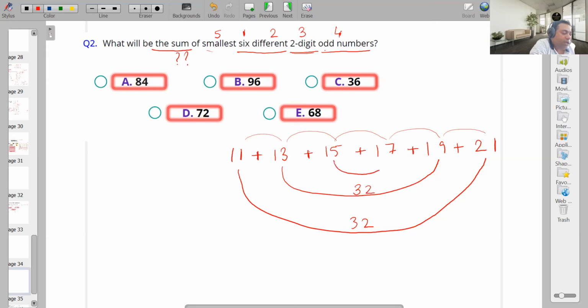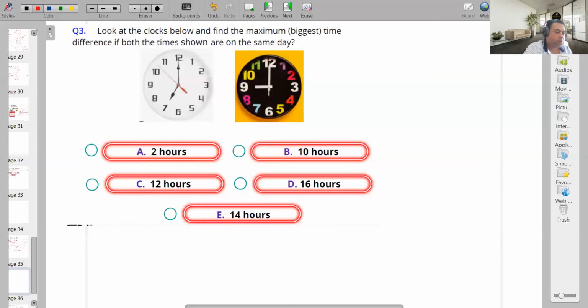And 15 and 17, another 32. So 32 plus 32 plus 32, which is also 3 times 32 if you know multiplication. Else you can just add it up, you'll get 96. So your correct answer is option B, 96. Let's move to the next question.